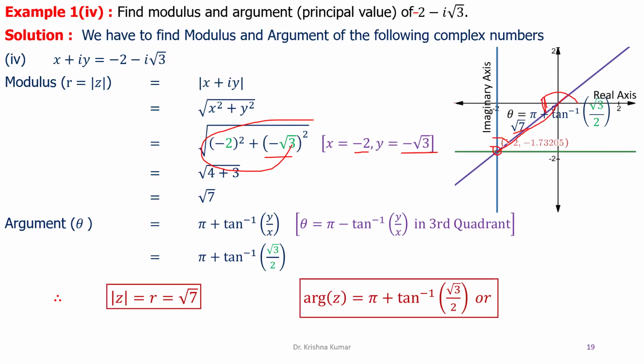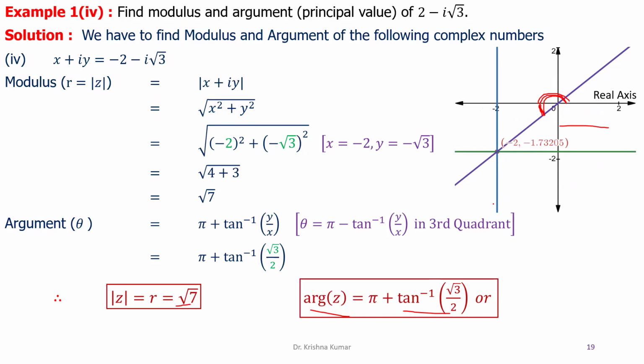Not this angle, but this whole is theta: pi plus the angle from this to this point, which is pi plus tan inverse of root 3 by 2. So the modulus of the given complex number is root 7, and the argument is pi plus tan inverse of root 3 by 2. Hence, in this example we have taken 4 different numbers.